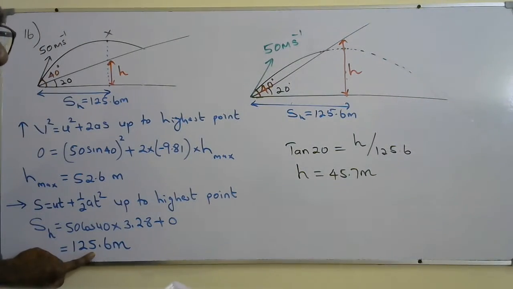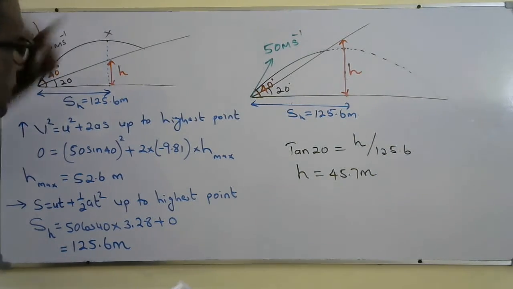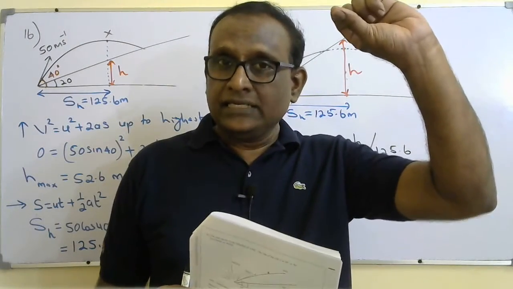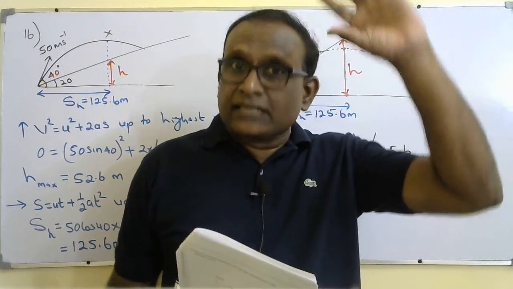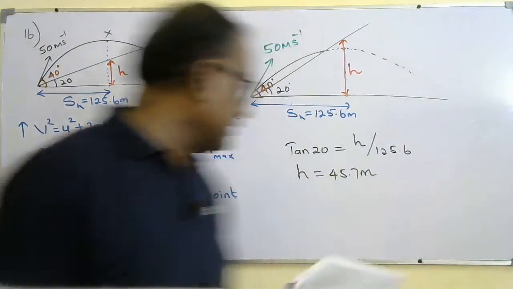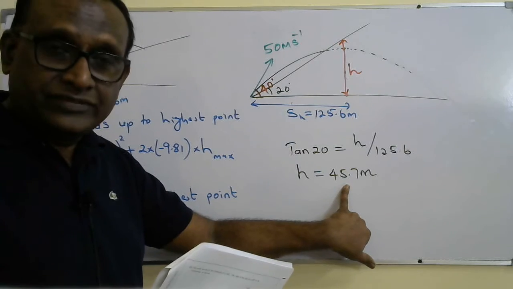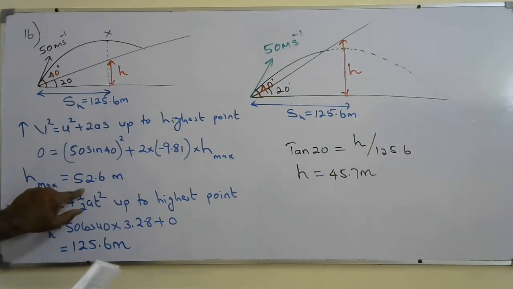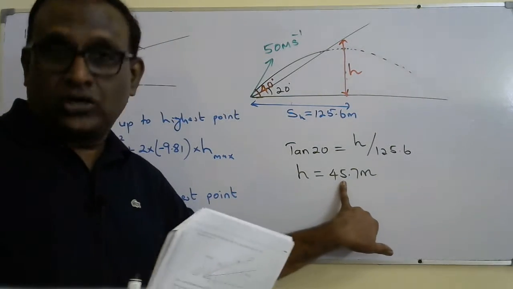This horizontal displacement occurs when the projectile is at its maximum position. So when the projectile is at its maximum position, at that position, the height of the slope of the mountain is 45.7 meters, but the maximum height of the projectile is 52.6, which is more than the height of the mountain.